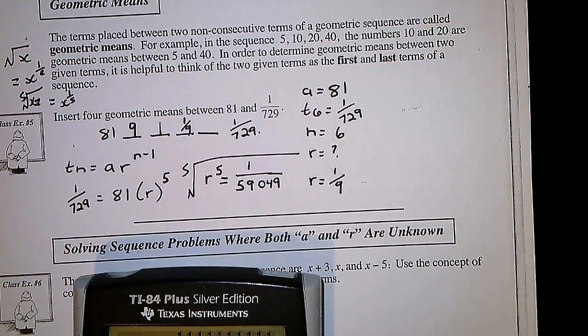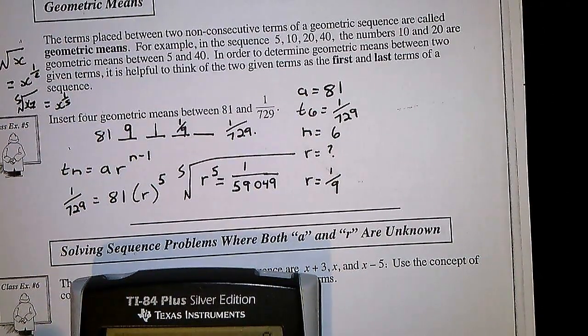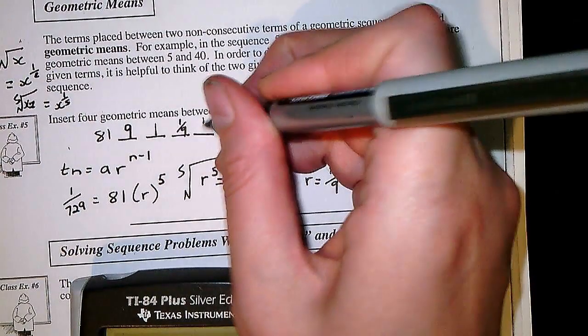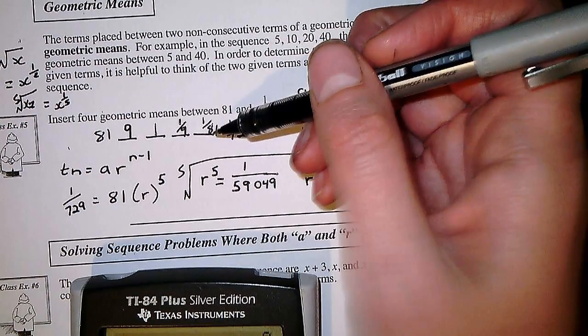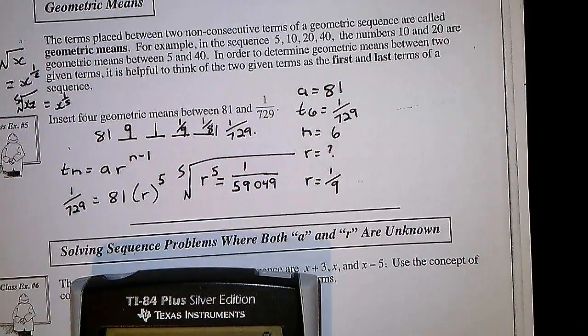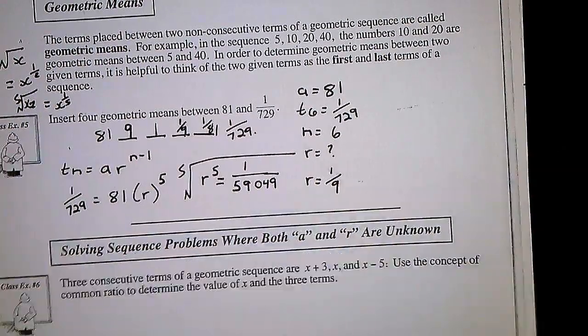And then 1/9 times 1/9 is 1 over 81. And then I could verify, and 1 over 81 times 1/9 would be 1 over 729. So those are the 4 terms I'm missing.